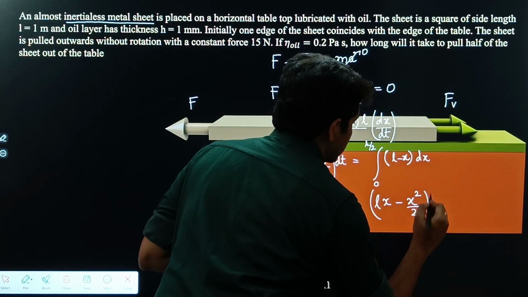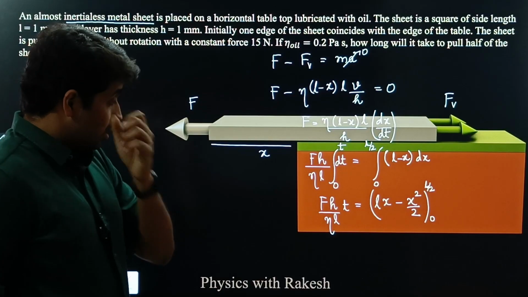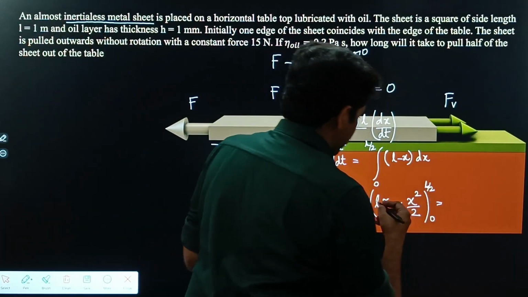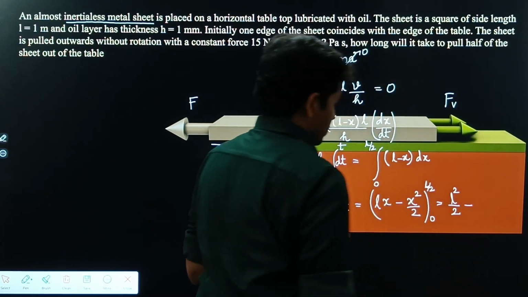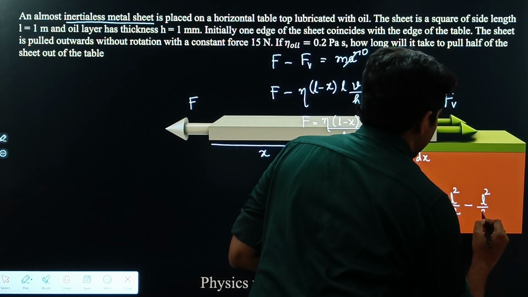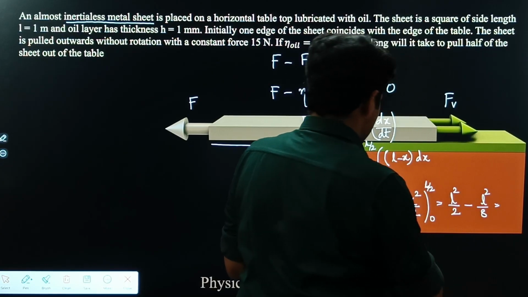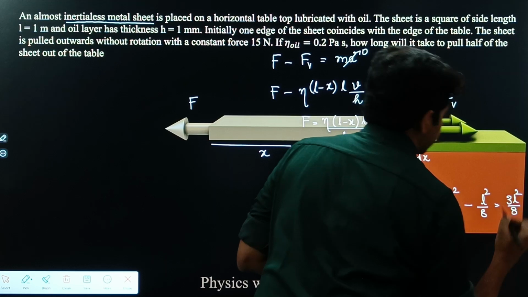Just put the limits 0 to L by 2. If I calculate this, what will we get? L square by 2 minus L square by 8. So this part comes out to be 3L square by 8.